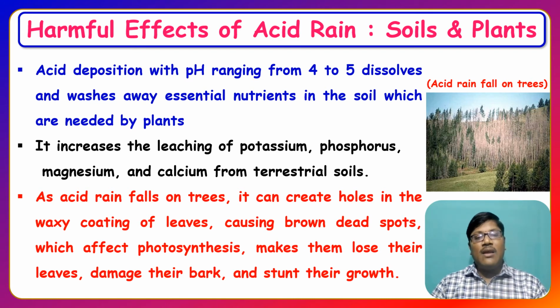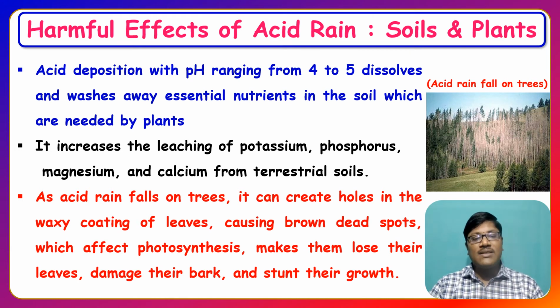Acid rain increases the leaching of important minerals like potassium, phosphorus, magnesium and calcium from terrestrial soils. In simple terms, it impoverishes the soils. Definitely, the impoverishment of soils will affect agricultural yield.